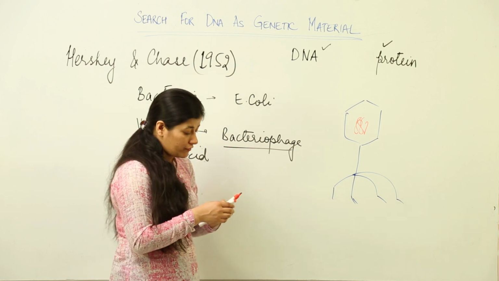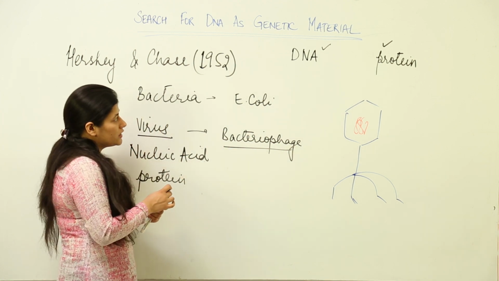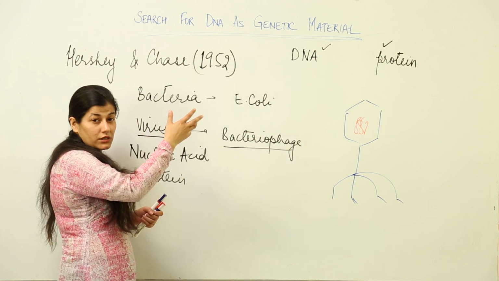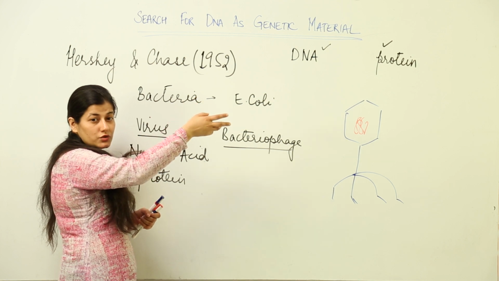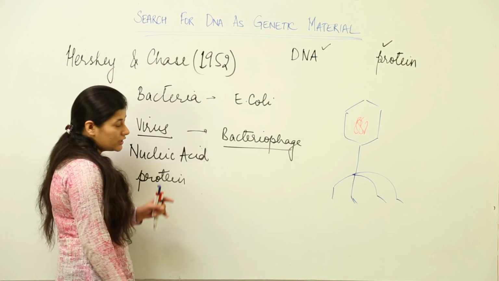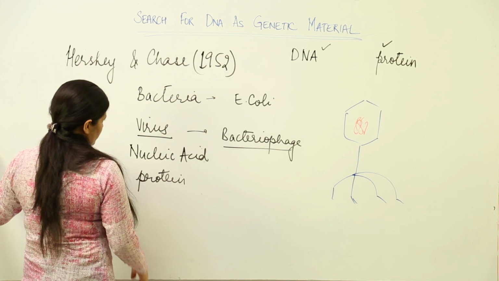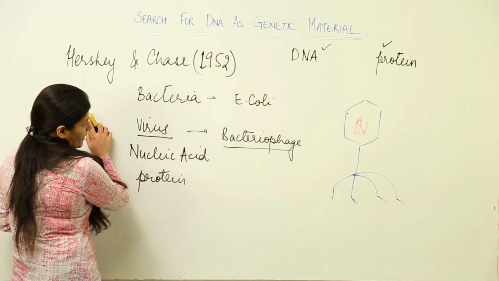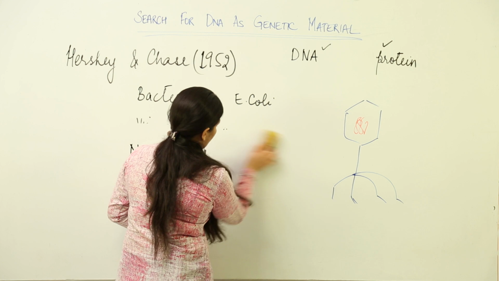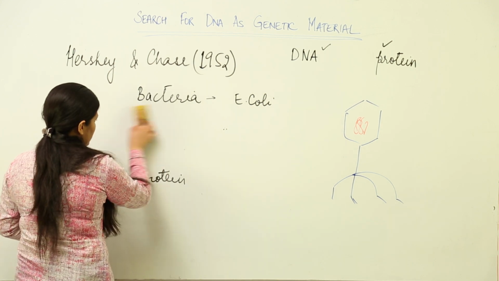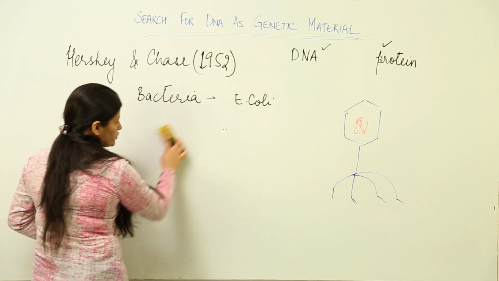But it had to be proven at the time when this contest between DNA and protein was going on, which one is genetic material. These two people carried out an experiment where they used E. coli and bacteriophage. And what were the various steps involved in this experiment, that you have to keep in mind.